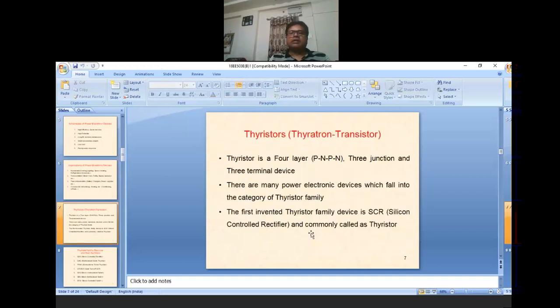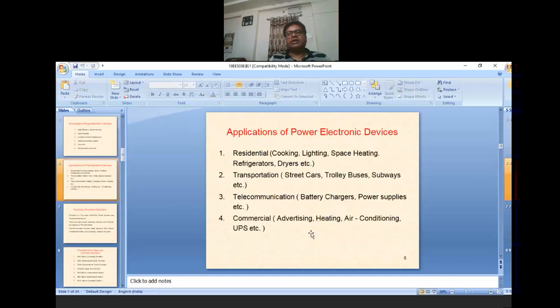So nowadays we cannot imagine anything without power electronic devices. Of all the examples given in these categories, these applications are also somewhat older ones.